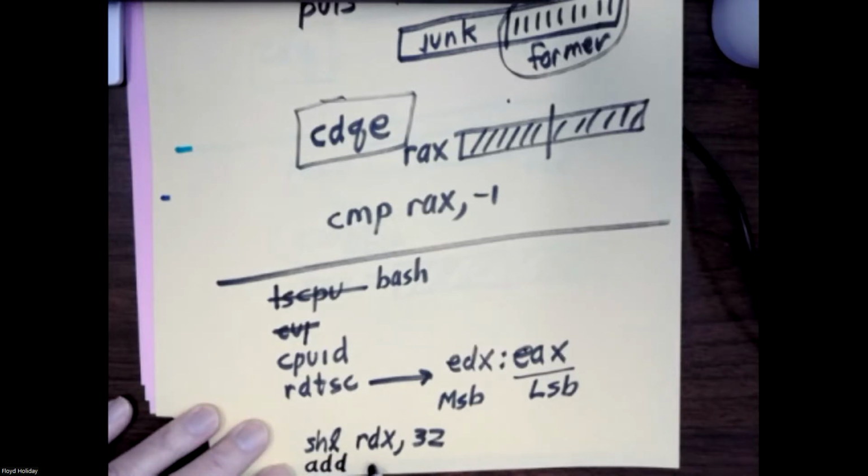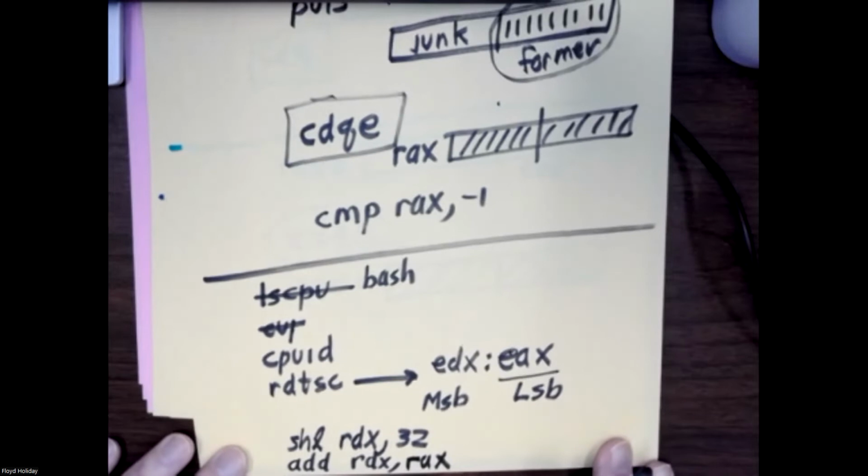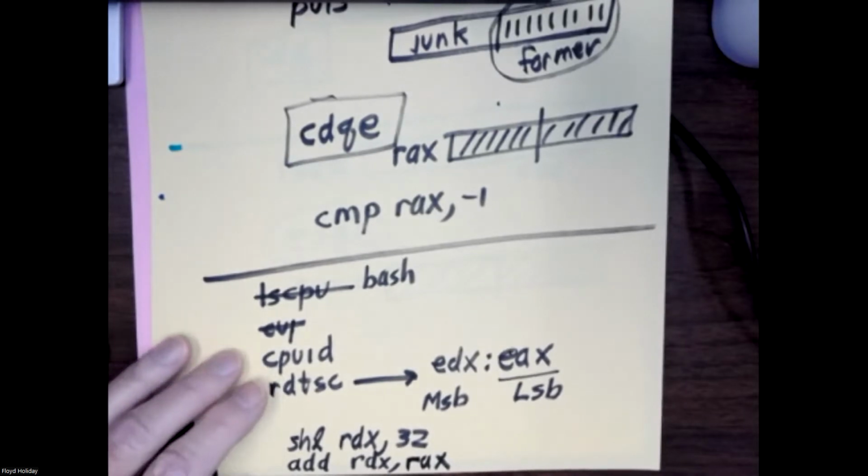ADD RDX, comma, RAX. What am I saying? Yeah, RAX. It looks like that. Okay, and that works.